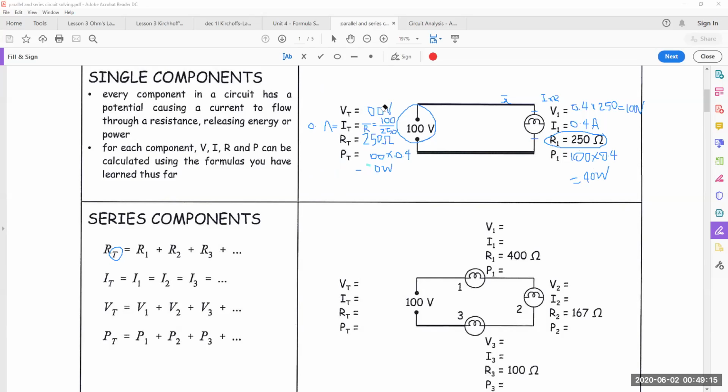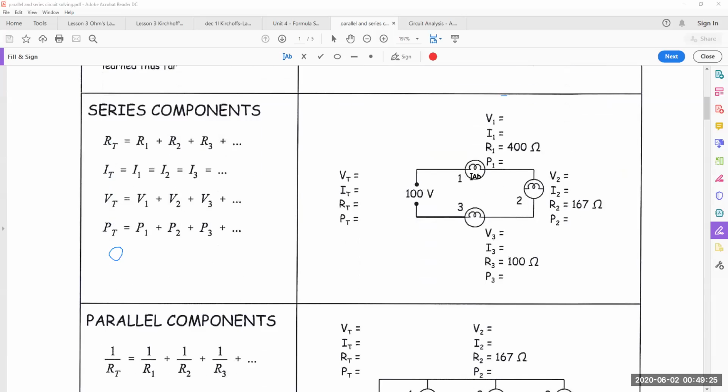Unfortunately, I have to erase everything again before I move on, because otherwise the screen moves and the words don't. So now let's go over here. These are called Kirchhoff's laws.